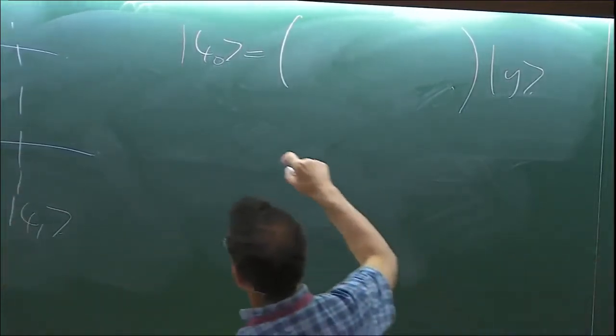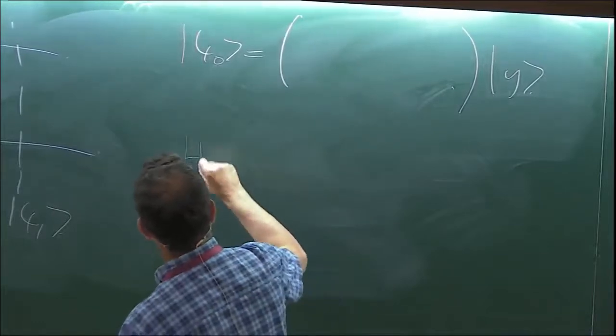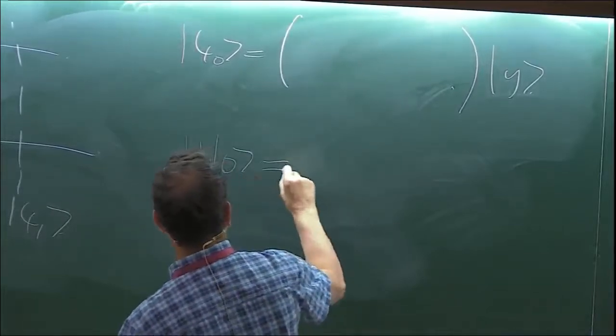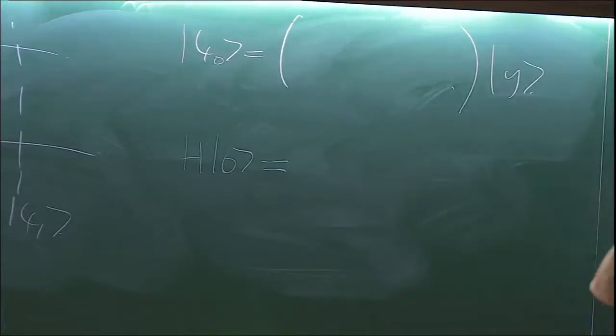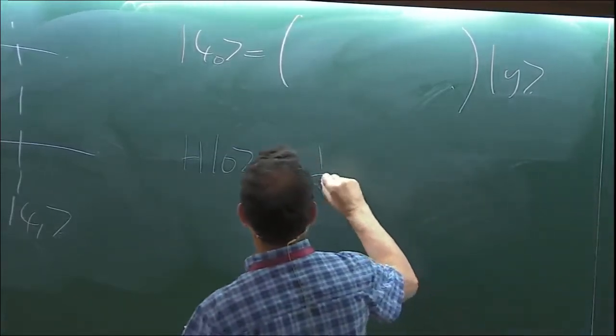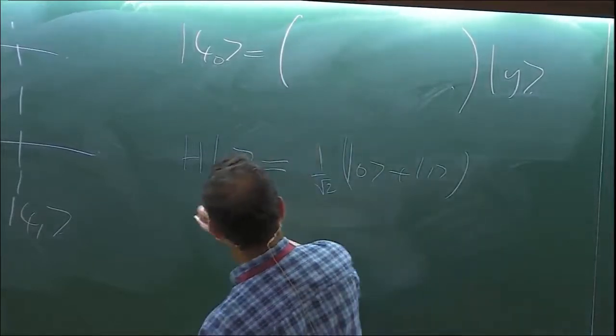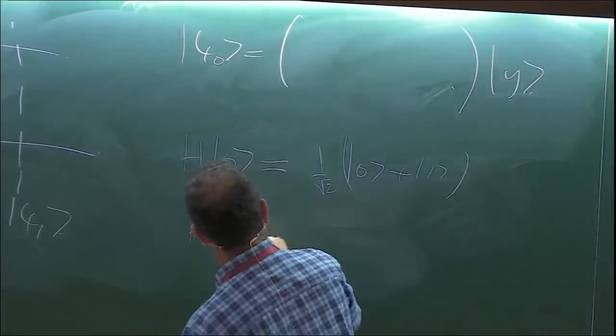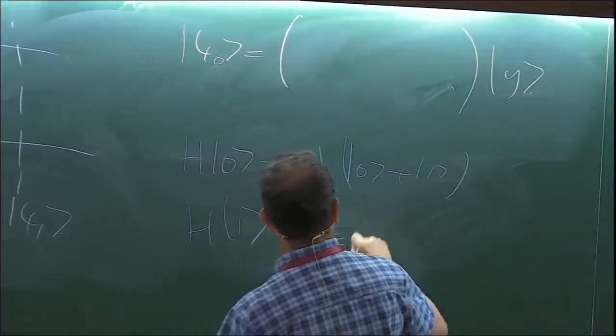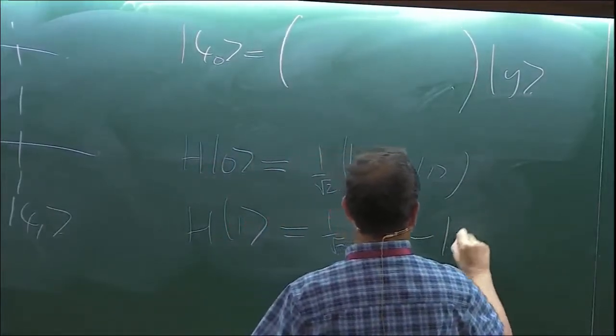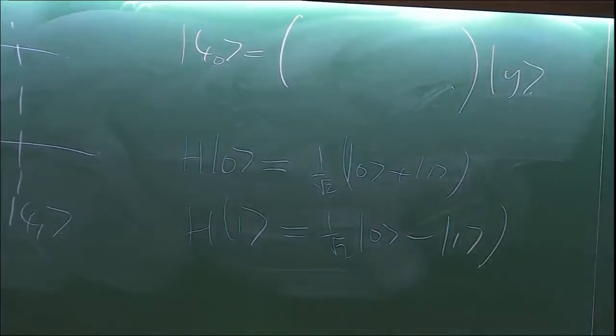So what's the action of a Hadamard on 0? I'm going through this again because it's really important we have this in our minds for what's going to follow. It's 1 over root 2, 0 plus 1. And H acting on 1 is 1 over root 2, 0 minus 1.